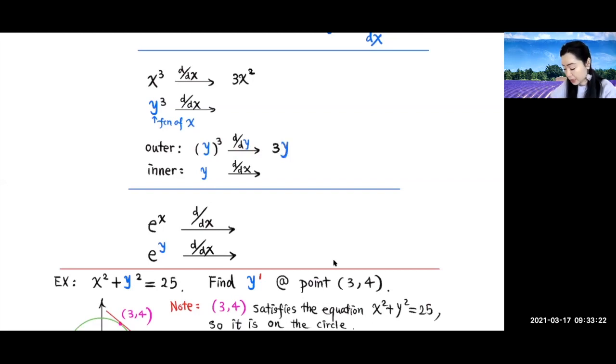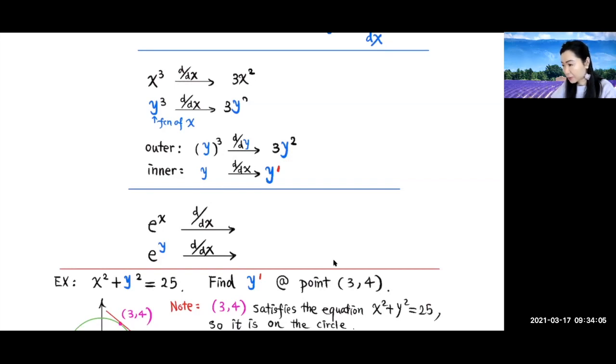Differentiate this inner function, this y over here, with respect to x, what do I get? Y prime, right? So when you differentiate y cubed with respect to x, according to the chain rule, you get this times this. So you have 3y squared, and by the chain rule, you have to multiply this by y prime. So I have this extra.